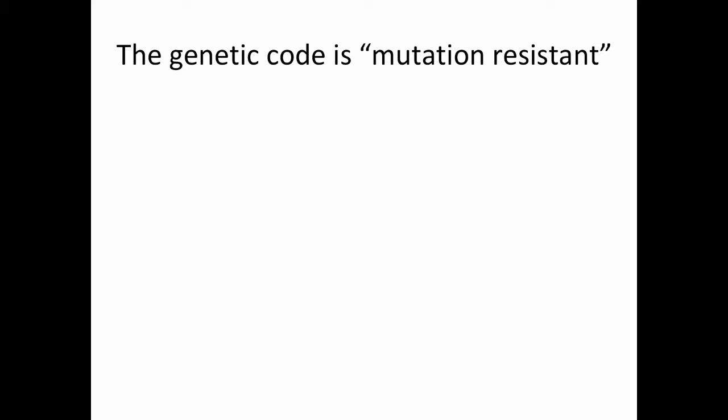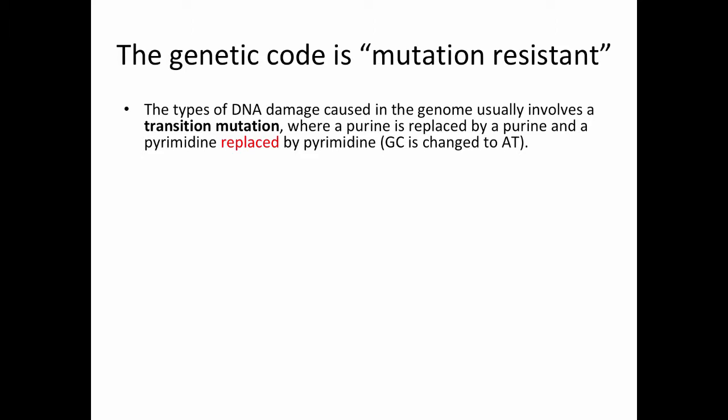it's interesting that we can have this wobbling effect of the third nucleotide. Meaning, you can have different nucleotides at that third position and still encode for the correct amino acid. Now it turns out that the genetic code is what we call mutation resistant.